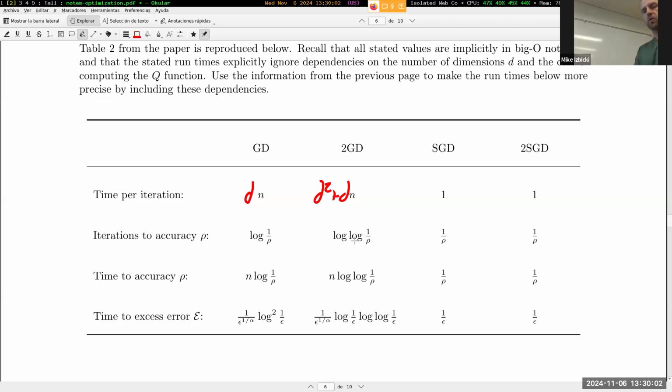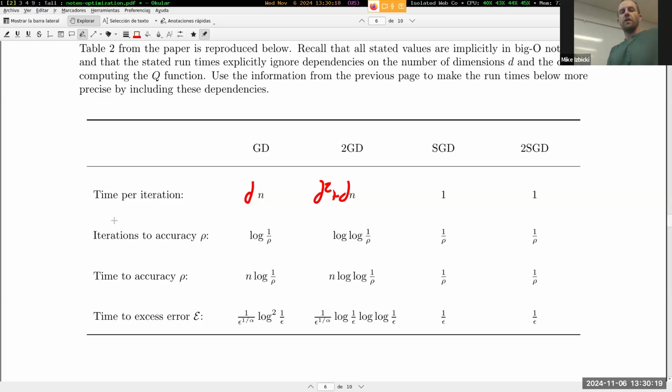In second order gradient descent, it's significantly faster, exponentially accelerated with an additional log factor up here. So 2 logs instead of 1 log. So many, many fewer iterations, but each iteration taking more time to actually compute.